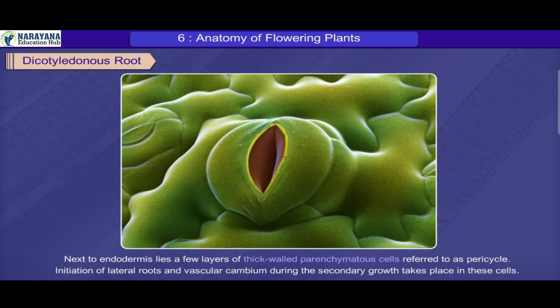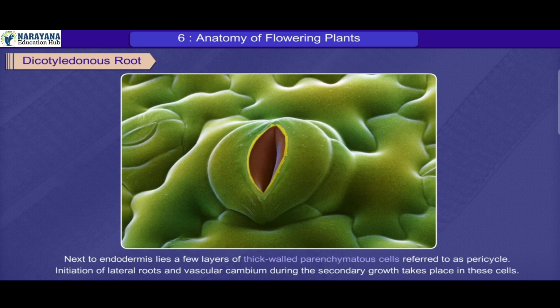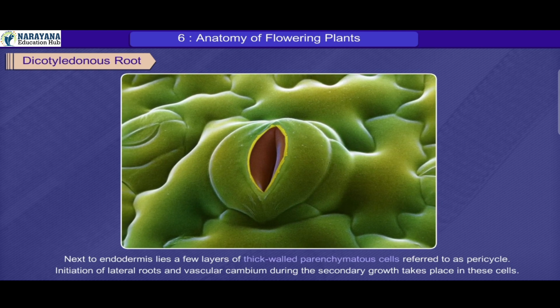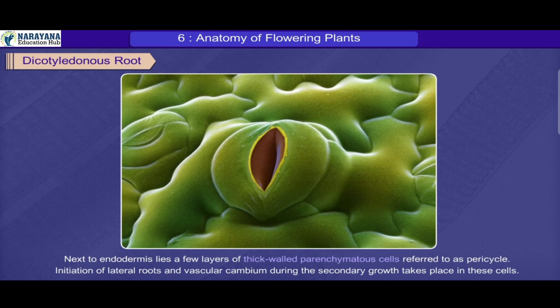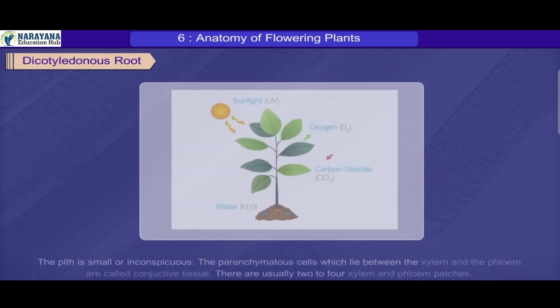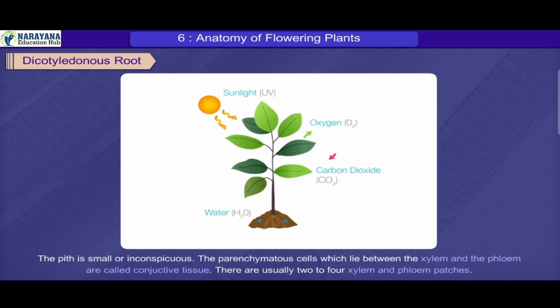Next to endodermis lie a few layers of thick-walled parenchymatous cells referred to as pericycle. Initiation of lateral roots and vascular cambium during the secondary growth takes place in these cells. The pith is small or inconspicuous.